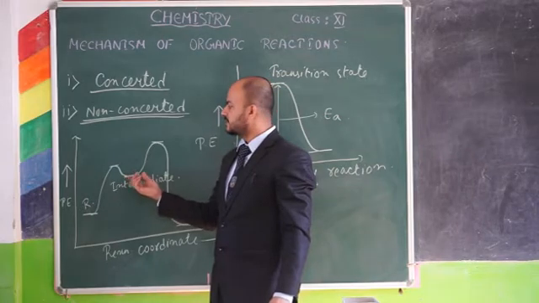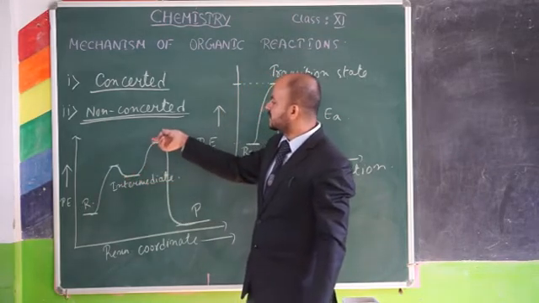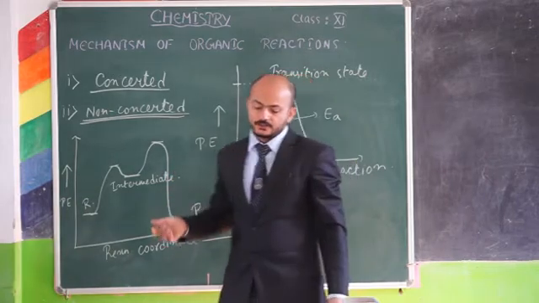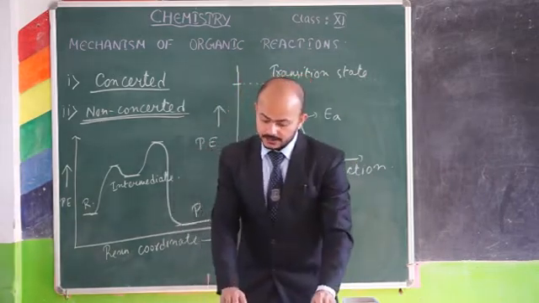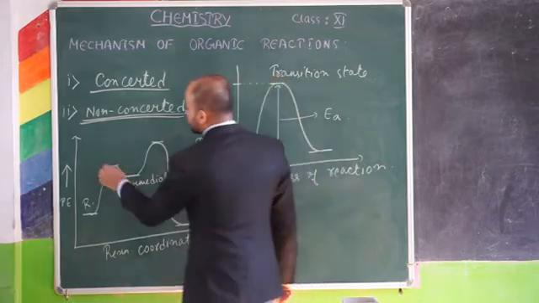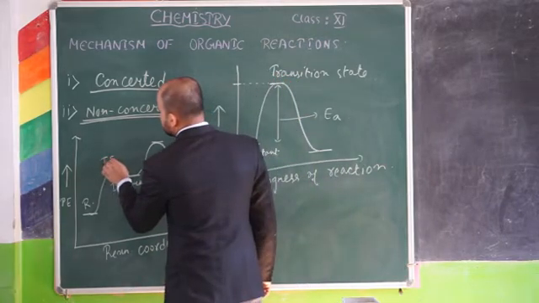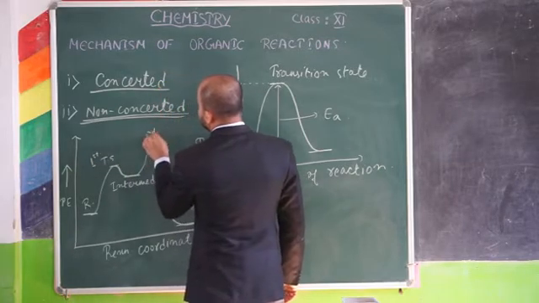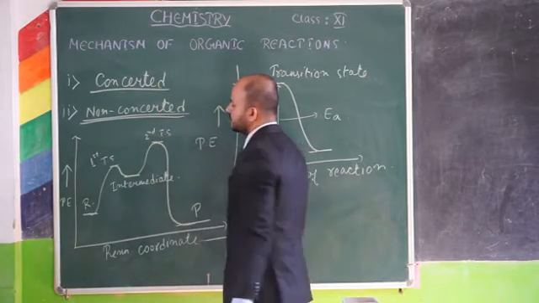After this, it again has to gain certain energy to cross over to the product side. So here we have two transition states: this is the first transition state, and this is the second transition state.